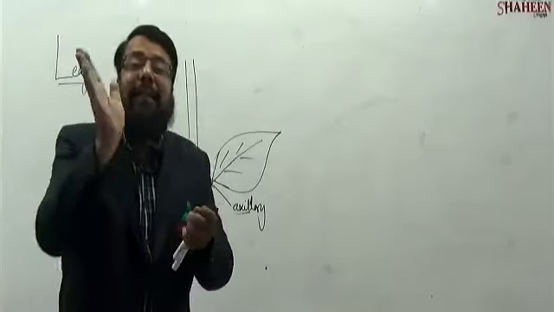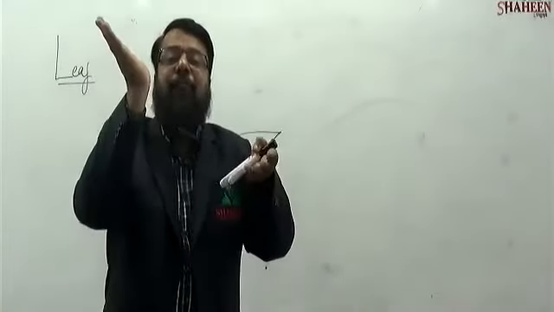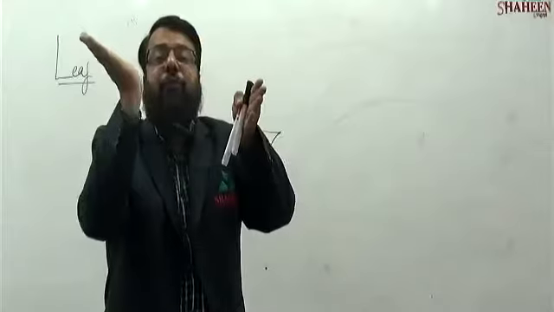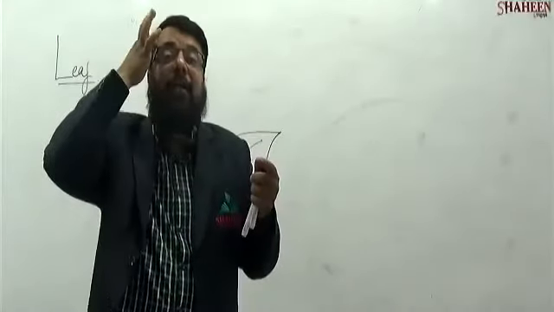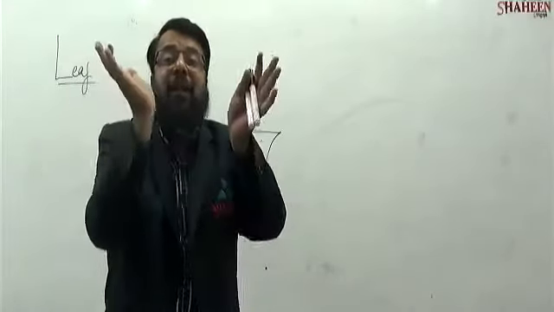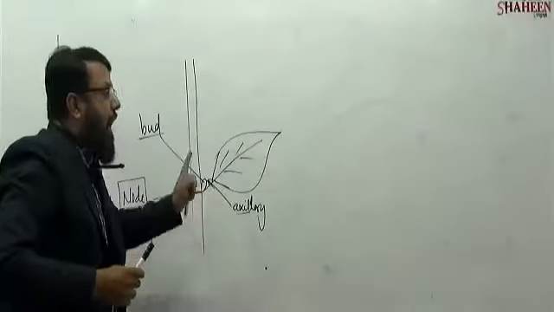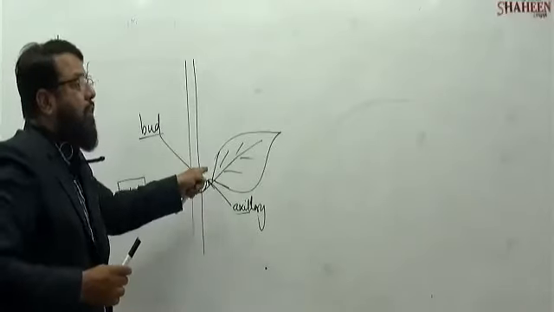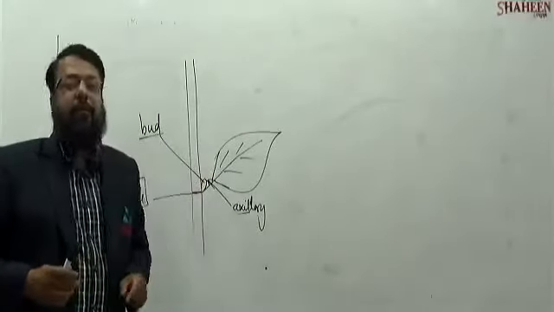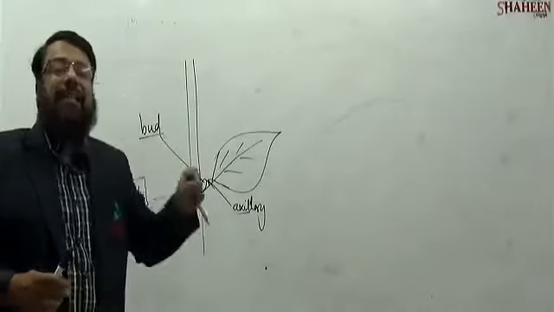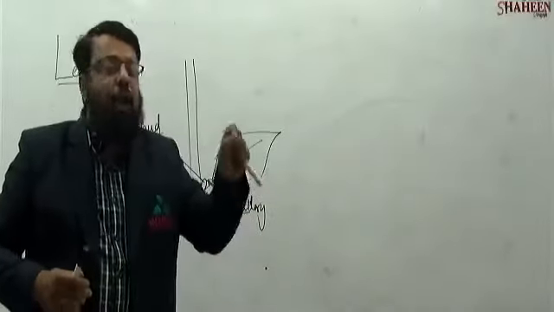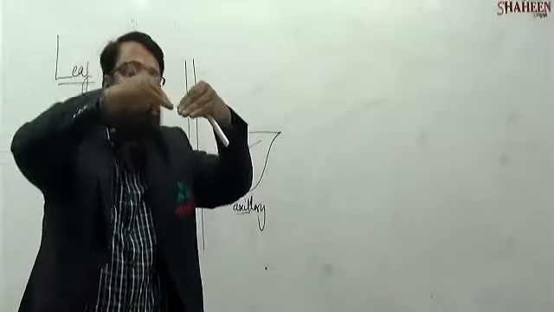In the axil of leaf, the part or the region of the stem where the leaf is meeting, that region is called as axil, and the bud which is present in the axil is called as axillary bud. What is axil? Axil is the place where the leaf is meeting the stem.